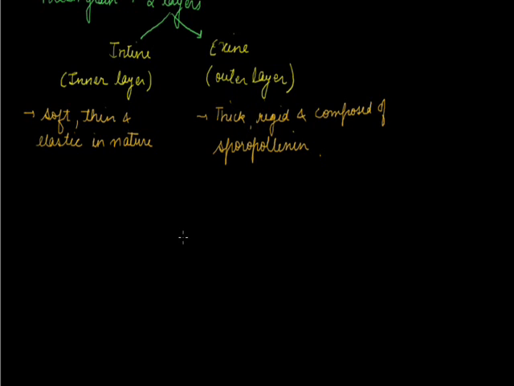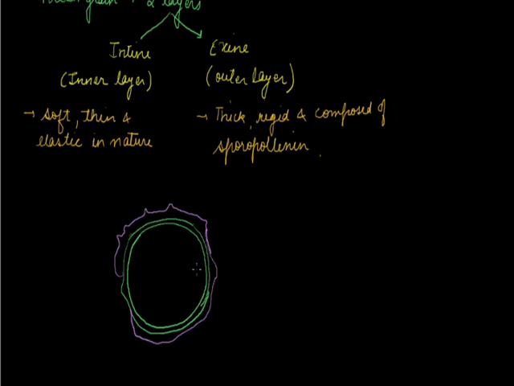Now we draw the diagram of the pollen grain. Here the outer layer is exine. This is intine. Here the tube nucleus, vacuole. This is generative cell. Now we start the labeling.